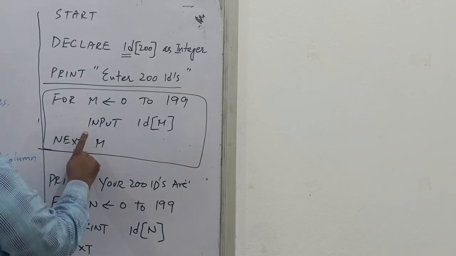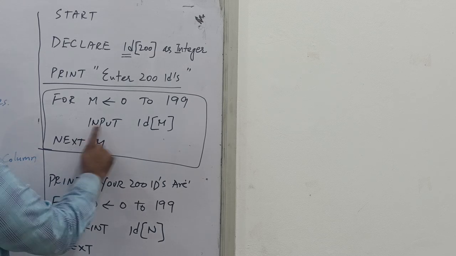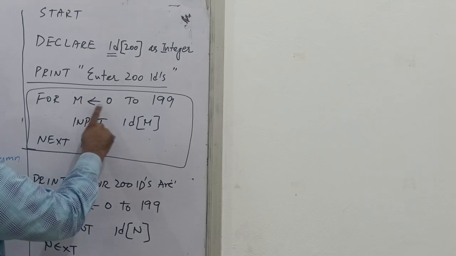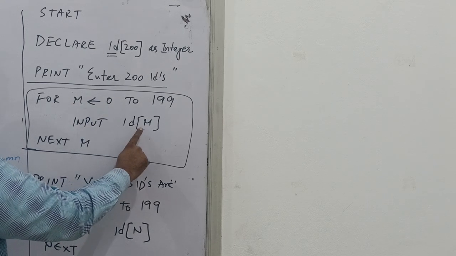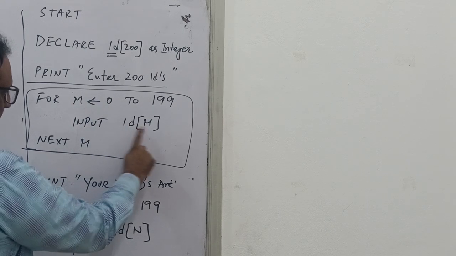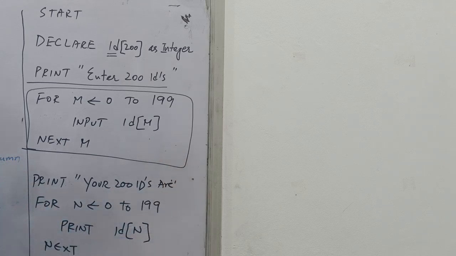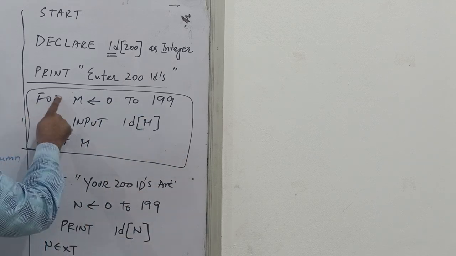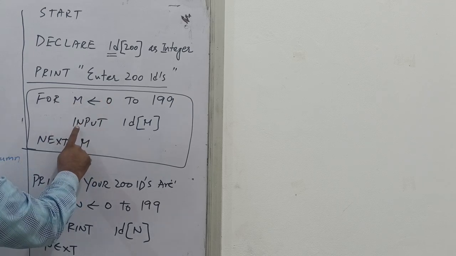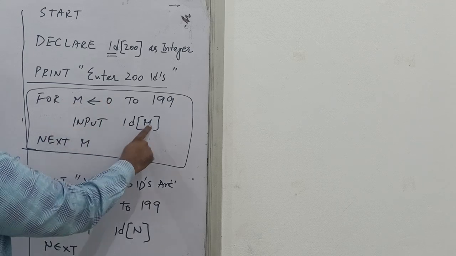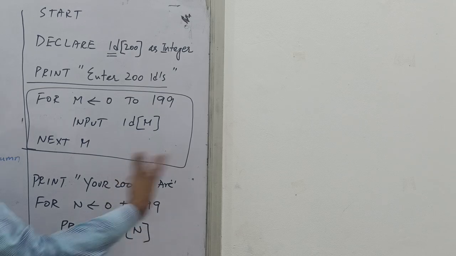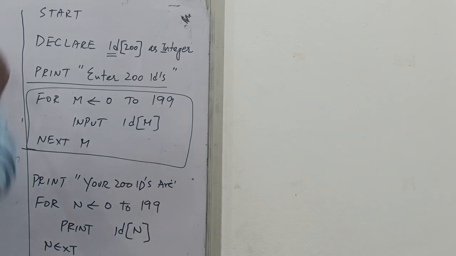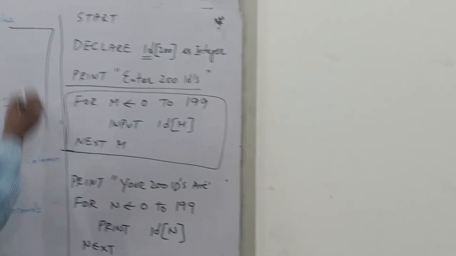Just see this technique. For the first time, it will say input ID 0, because the first value of m is 0. When it says input ID 0, your first input will be stored in ID 0. Then it goes back, and for the second time it will become input ID 1, so your next value will be stored inside the next place. If you see over here, I am creating an array.